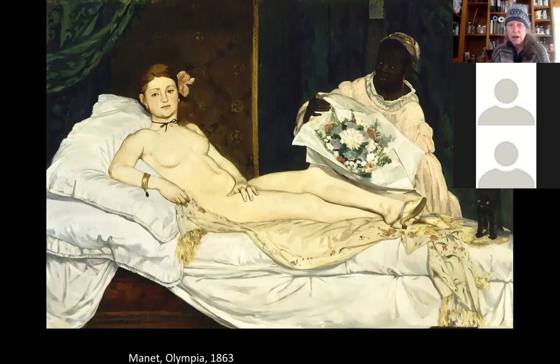Maybe, yeah. All right, so again, it's an ordinary woman. He actually used the same model, Victorine Meurent, who was his favorite model. And here you have a woman reclining on a bed, and a servant of some sort is presenting her with some flowers, and then there's a cat who seems alarmed.